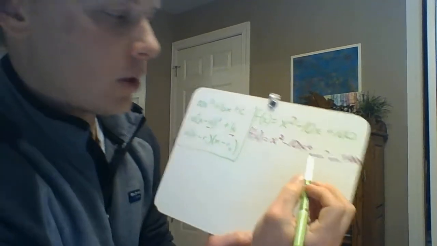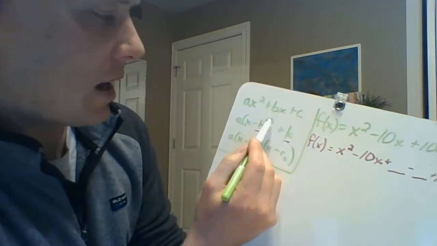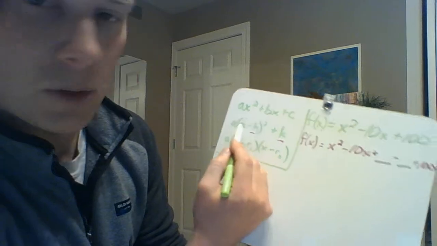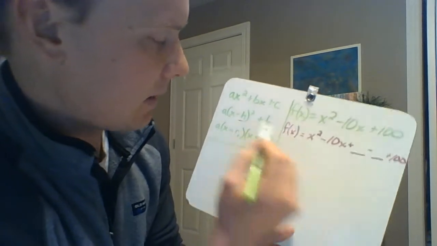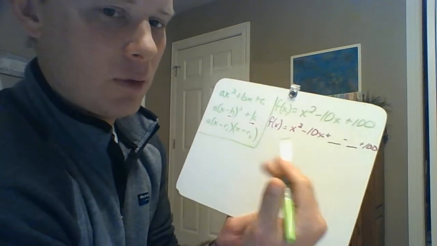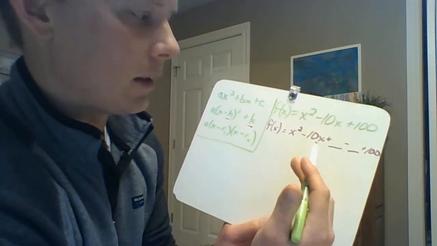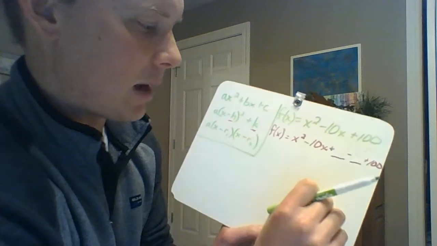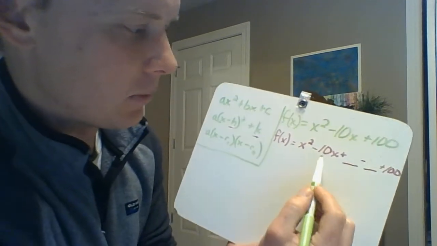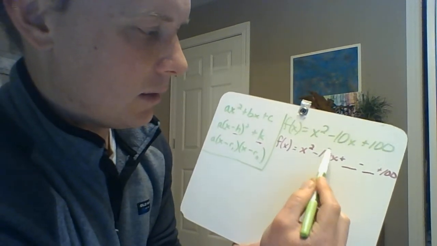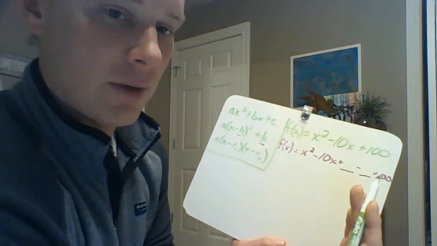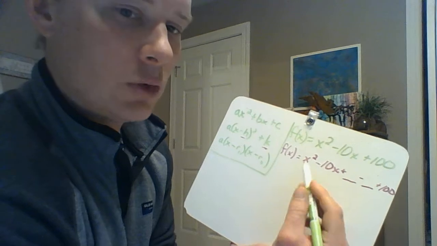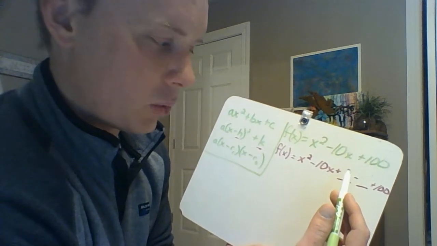So we got to figure out what goes in those blanks in order to create the situation of having a binomial squared. Well, how we do that is we kind of think backwards, and I'm going to save you from all the thinking at this point, which goes against everything I believe in as a teacher, but I'm just going to tell you. You take the b term here, which is -10, and you take half of that, -5 obviously, and you square it, 25.